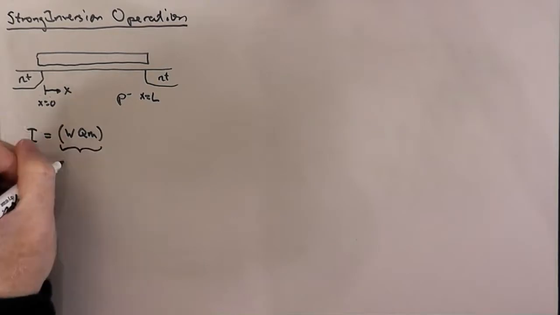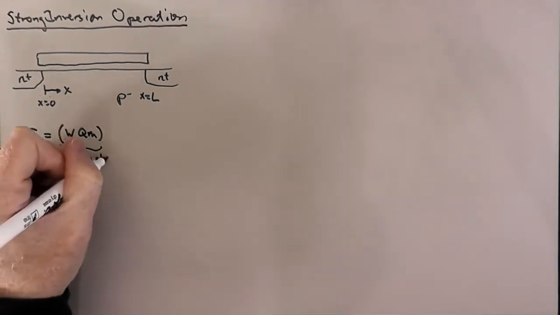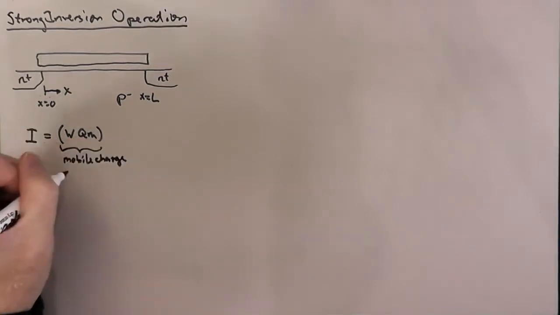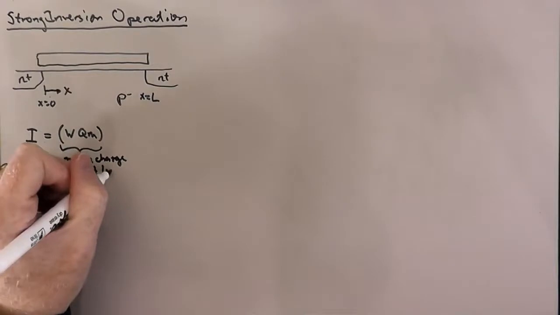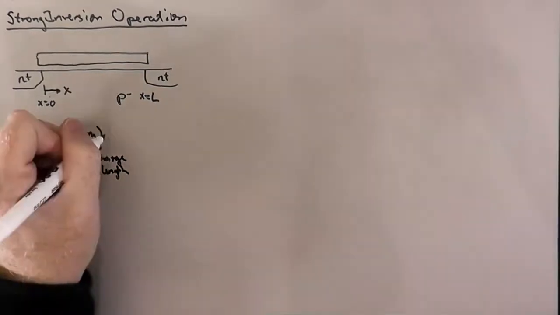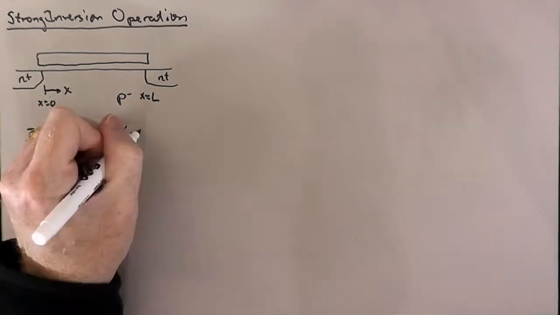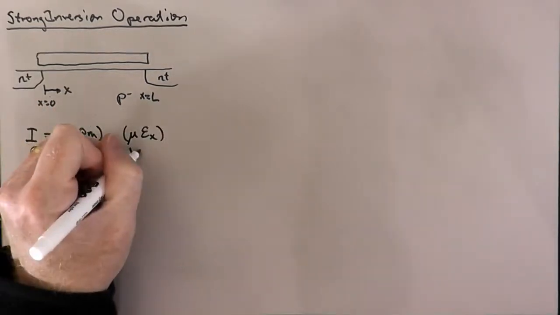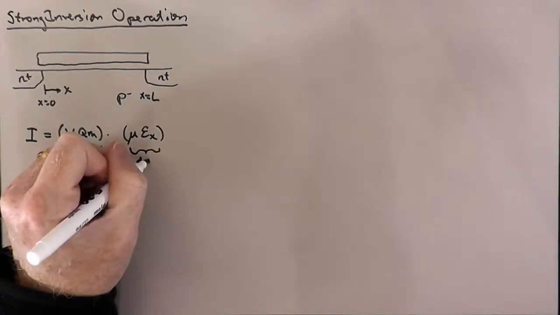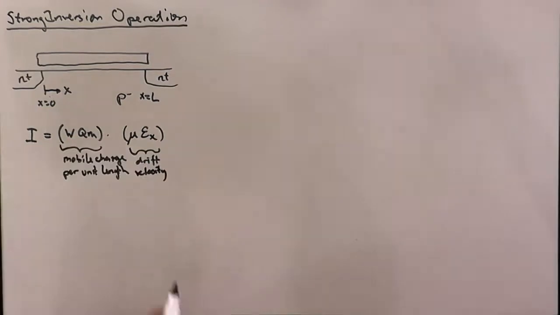So this is the mobile charge per unit length, times the mobility times the electric field in the x direction. And this will give us the drift velocity of the mobile carriers.